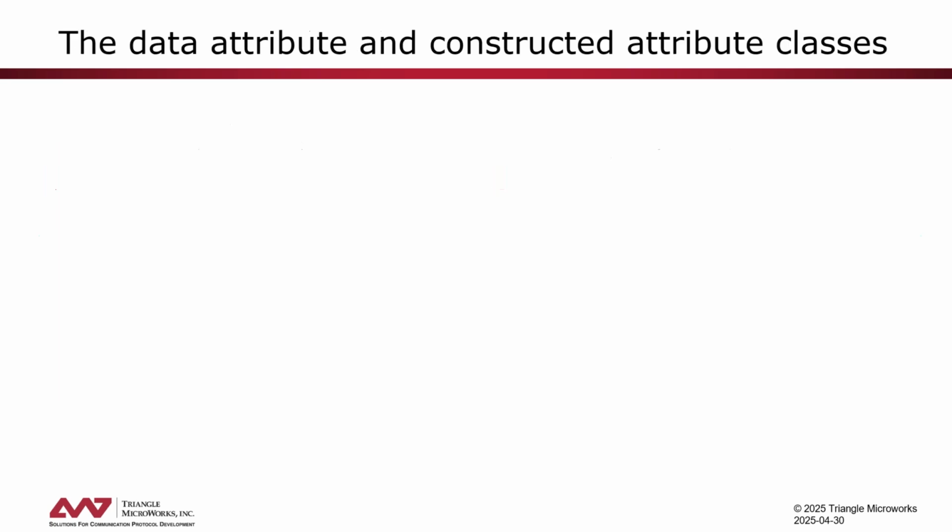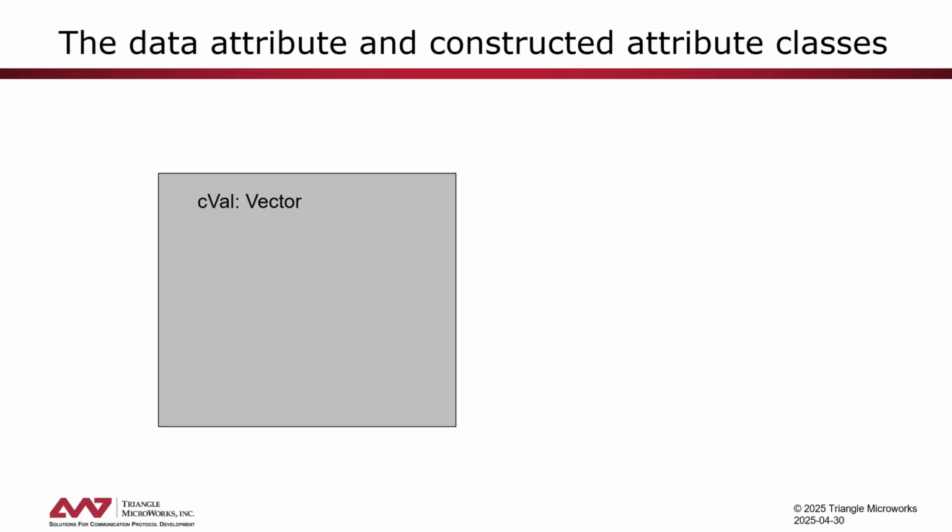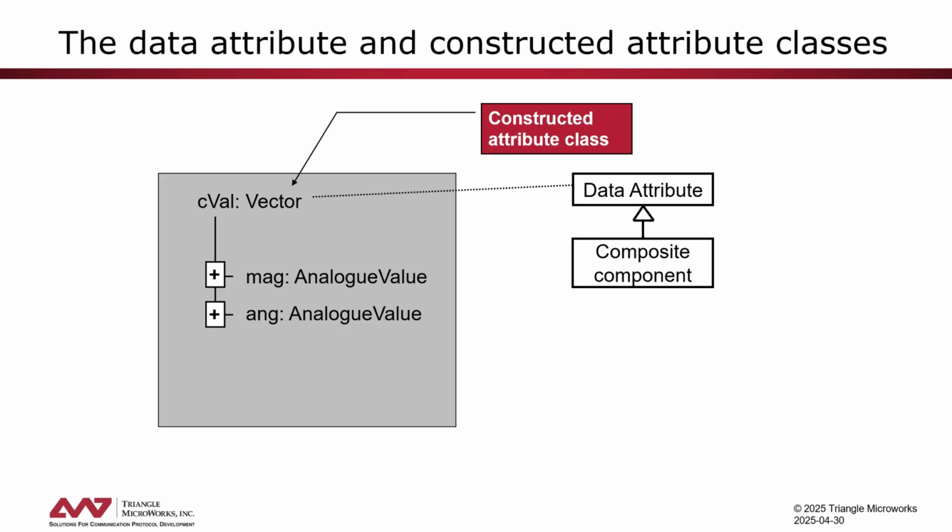The data attributes can have further structures beyond. In the simplest case, a data attribute is just of a basic type, like the status value that we have seen before, which is a double point status. But in some cases, we have further structures beyond, and that's when we talk about constructed attribute classes. We have an example here, a constructed attribute class defined in the standard, which is called vector.